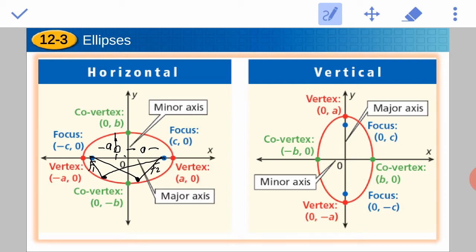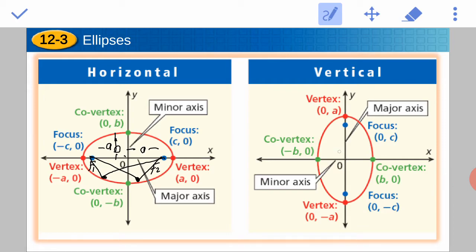The situation is quite different if this ellipse is flipped, so the major axis is vertical and the minor axis is horizontal. The only difference between this position and that position is that the two vertices are on the y-axis and the two co-vertices are on the x-axis.